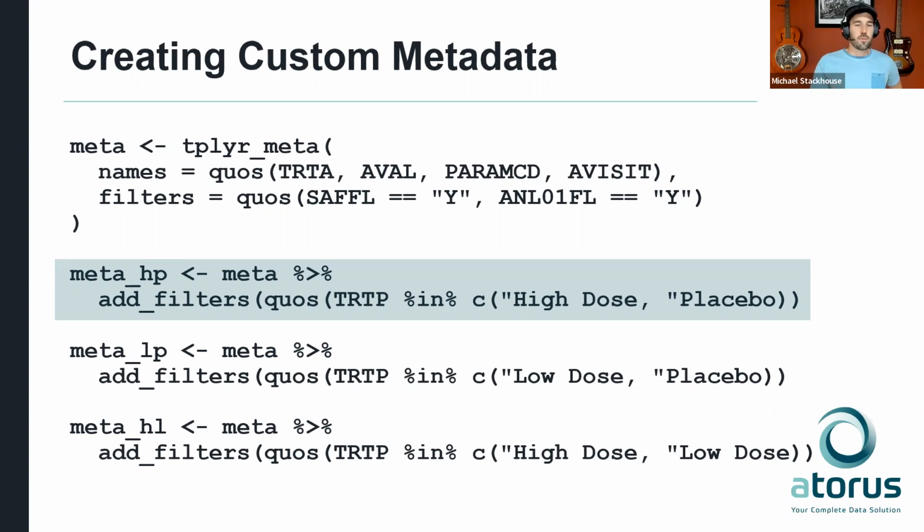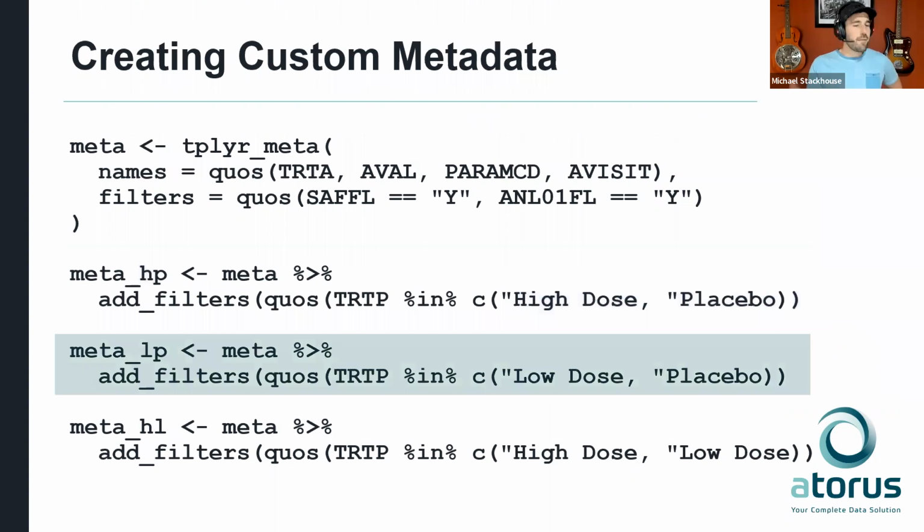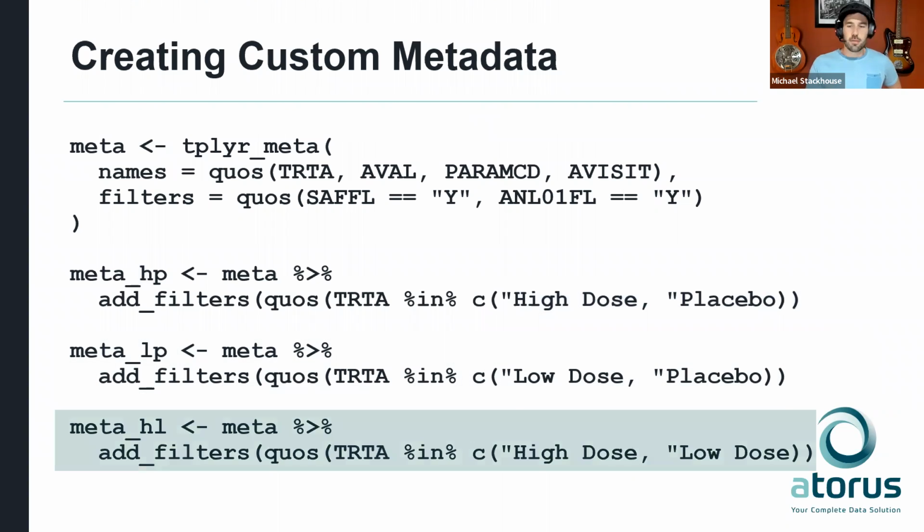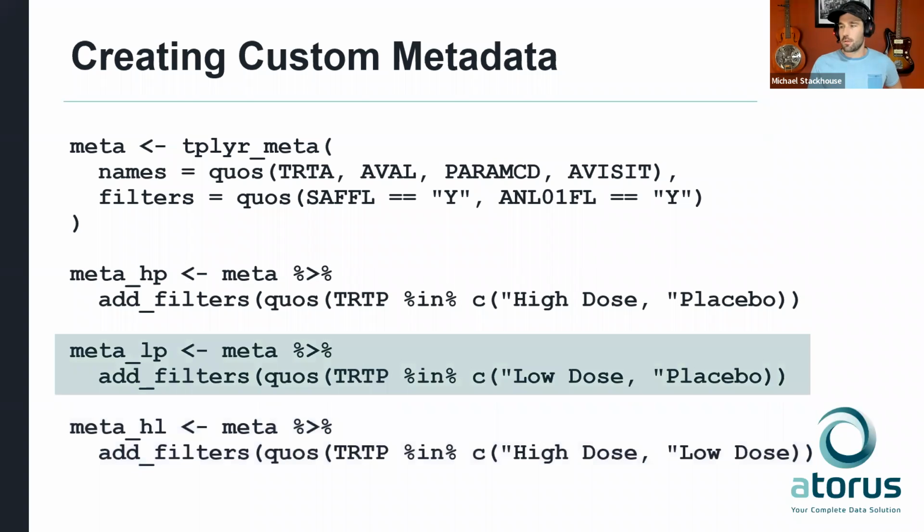But for the separate groups that I have in my table, I'm going to want to show high dose versus placebo, low dose versus placebo, and then high dose versus low dose for the efficacy summary that I'm providing here. So I make these 3 objects, and then I'm ready to go.